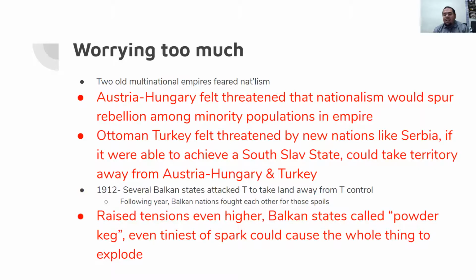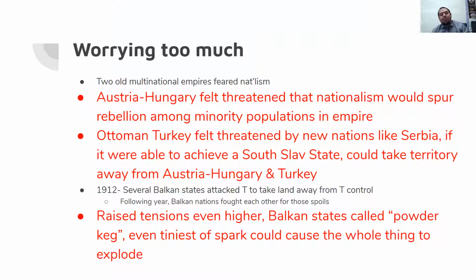And Ottoman Turkey felt threatened by new nations like Serbia. And if Serbia were ever able to achieve something called the South Slav state, they could take territory away from Austria-Hungary and Turkey. Again, they're all speculating this, and that's why I put worrying too much.